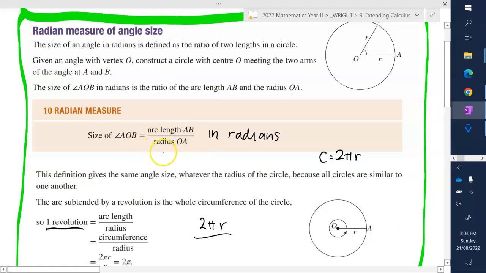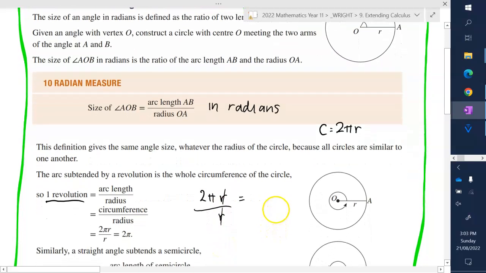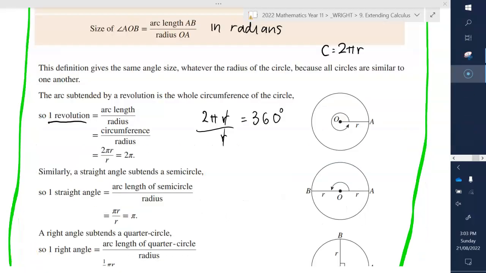And the radius of that circle is r. So if I was then to cancel out my r and my r, I've got 2 pi. So 2 pi is equal to 360 degrees. So one revolution around that whole circle is also equal to 360 degrees. It's also equal to 2 pi. Okay, that's our first one.